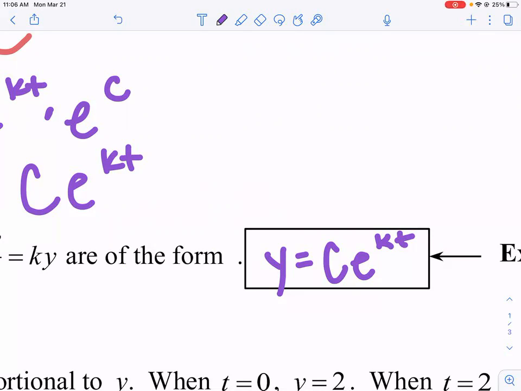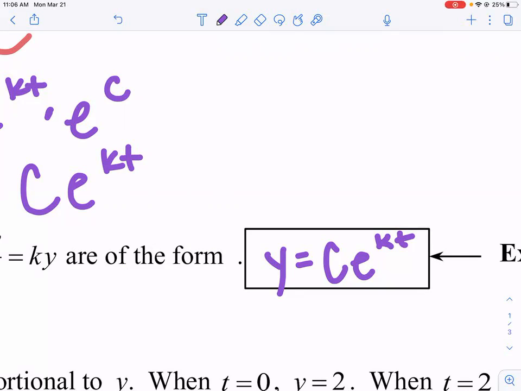What does this remind you of? Yep, something back from Algebra 2. There was maybe a P, maybe an R. PERT, right? Let's talk about this equation right here. If t is 0, what's e to the 0? 1.